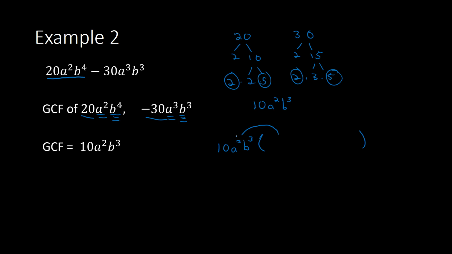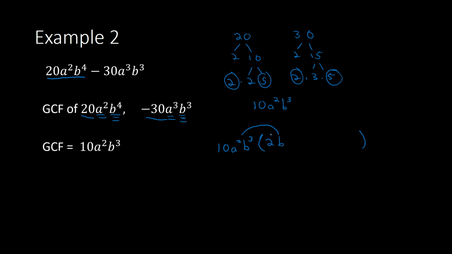Well, 10 times what would give me the 20, and that's going to be 2. Then we ask, a squared times what gives me a squared? Well, that's just going to be a 1, right? So the a squared is good. And then b to the 3rd times what gives me b to the 4th? Well, we need to put a b in here, because b to the 3rd times b would give me b to the 4th. So that would be to get my first term.